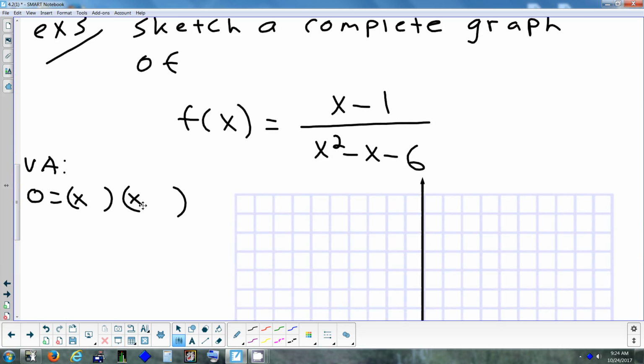And what about my signs? The negative would be on 3. All right, so minus 3 plus 2. Let's check. x squared plus 2x minus 3x, negative 3 times 2, perfect. So I'm going to get 2 vertical asymptotes at 3 and negative 2.